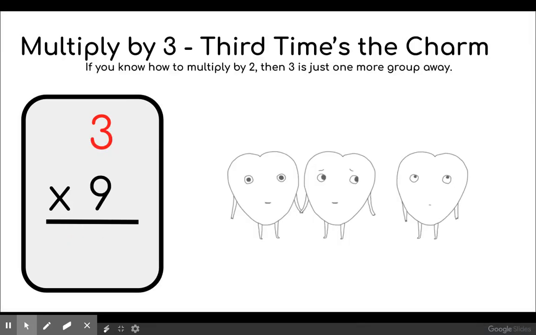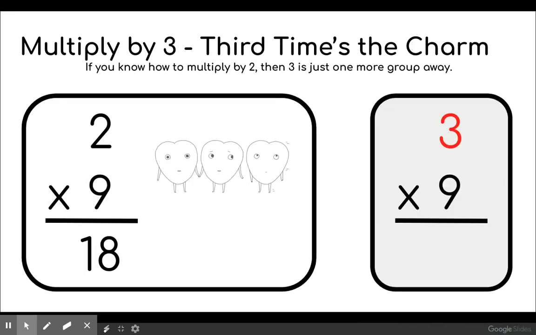Threes. Third time's the charm. If you know how to multiply by 2, then 3 is really just one more group away. So paying attention to the 3, we're going to turn it into a 2 problem. So instead of 3 times 9, we're going to turn it into 2 times 9. And that gives us 18 when we double up the 9. But remember, we didn't need 2 times 9.